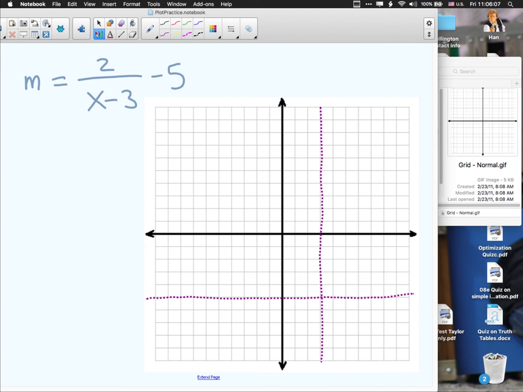Now what does the 2 do? Yeah, it actually makes it taller, because it's like we're multiplying by 2. But I'm not even asking you to find points for these things, right? I want you to get the general shape right.